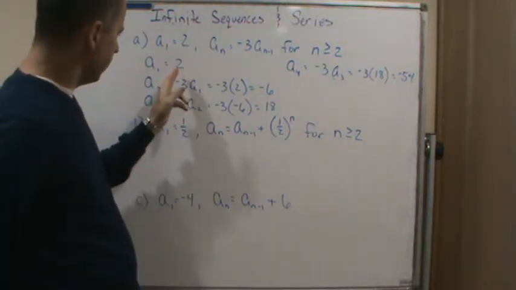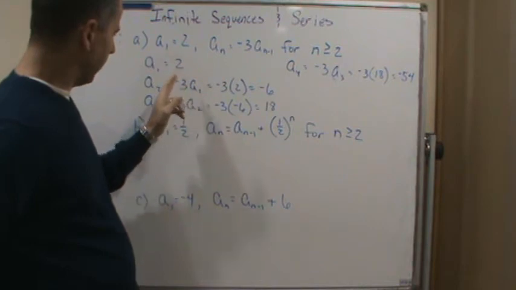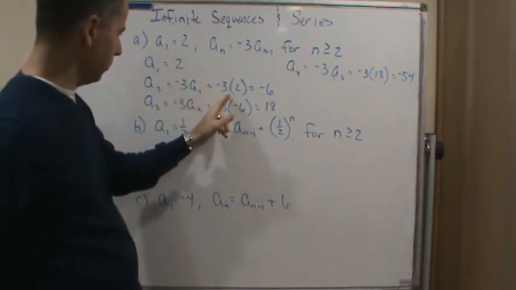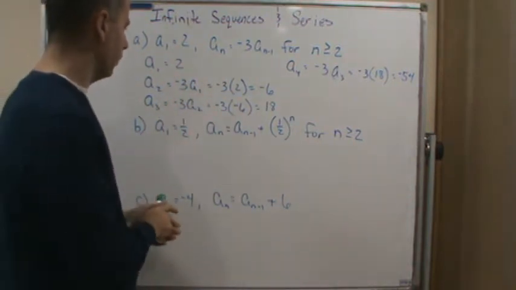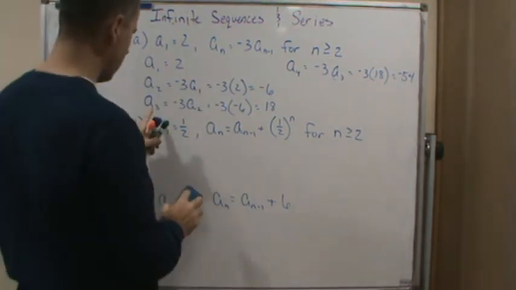This is 2, right? And then a2 is negative 3 times 2, negative 6. But this here, let's go back to a3.